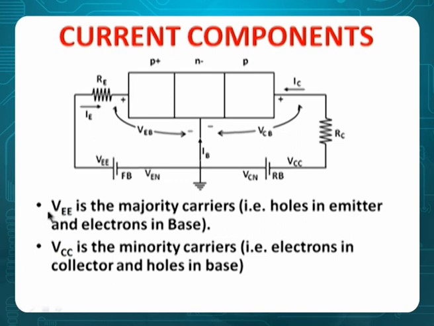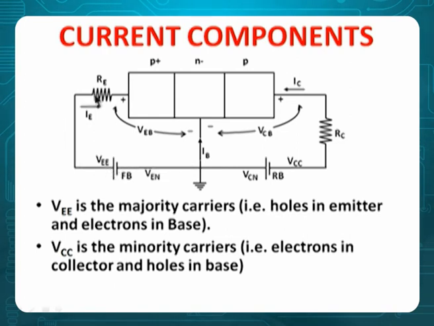Look here. Here are the carriers. Holes are here. They are pushed by this positive, attracted by negative. But where is the component out of this current? Something comes here to the base. It is neutral. No attraction, no opposition, but they are really going this way.